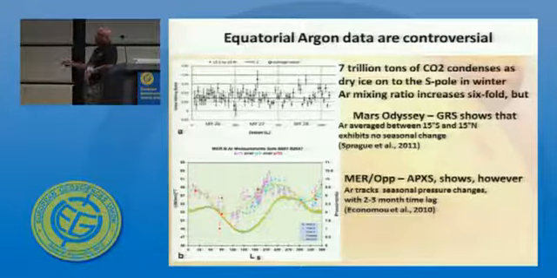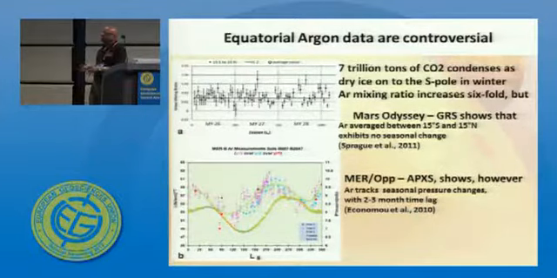And these are the data for the equator. At the equator, according to these observations, there's really no change. The average of this over 3 Martian years, between 15 degrees north and 15 degrees south, doesn't show any seasonal change.